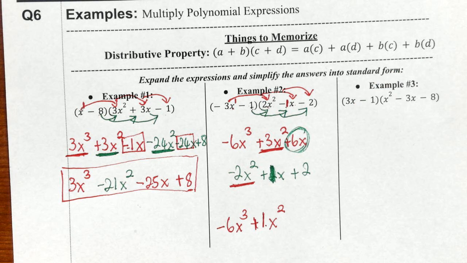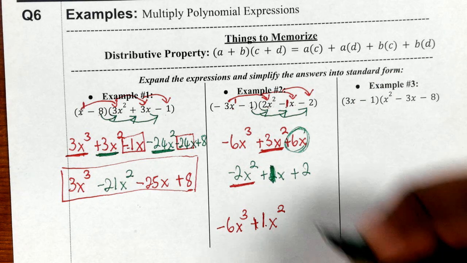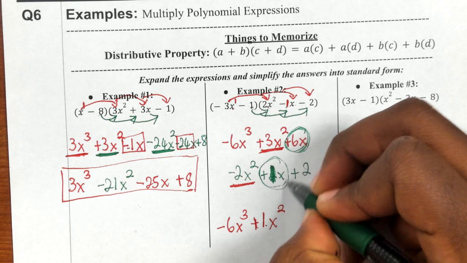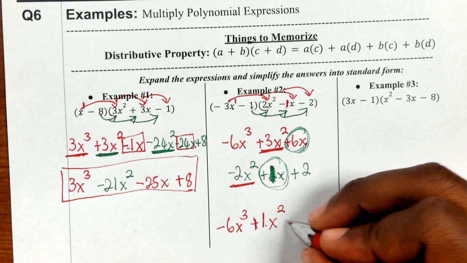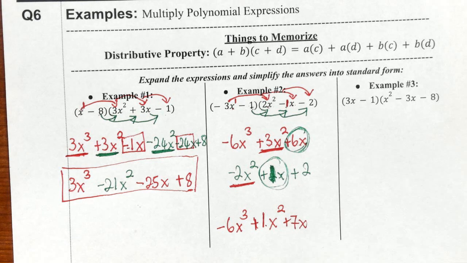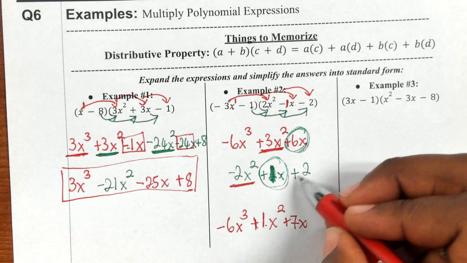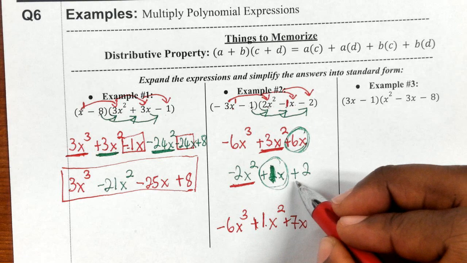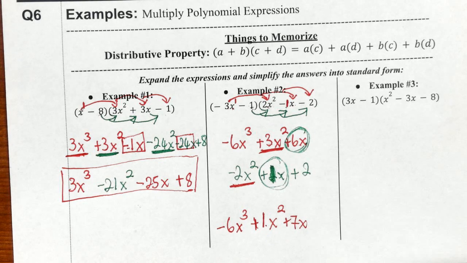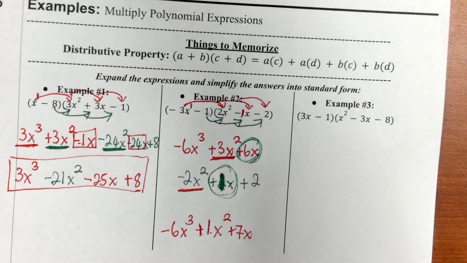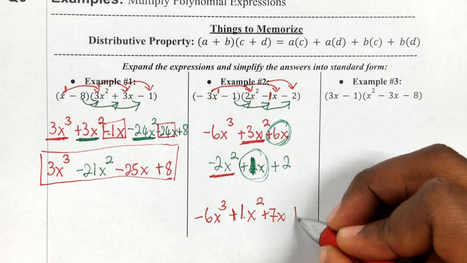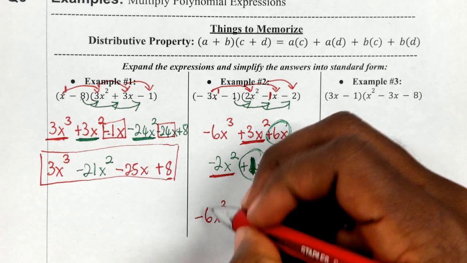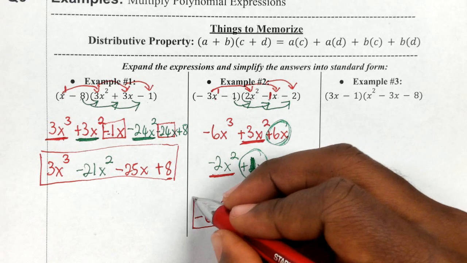Do you see another term that has only x? Yup, the 1x. Okay? So 6x plus 1x will give me 7x. Okay? So now I only have this constant remaining. But does this constant have a like term? No. Alright? So because that constant does not have a like term, you bring down the 2. And this is my answer.